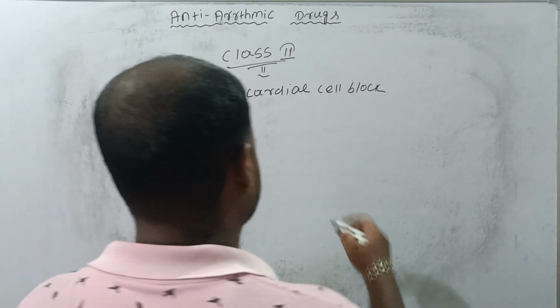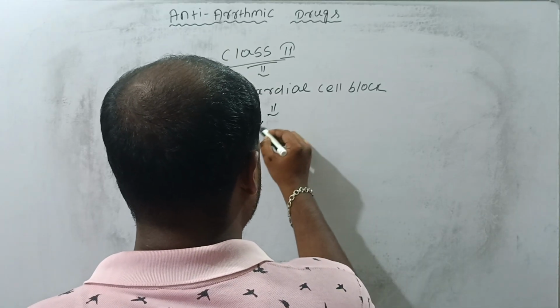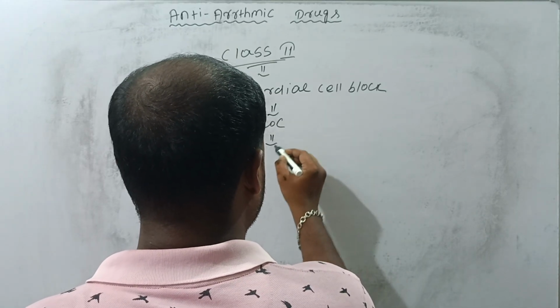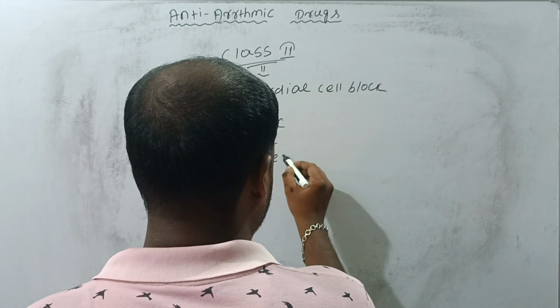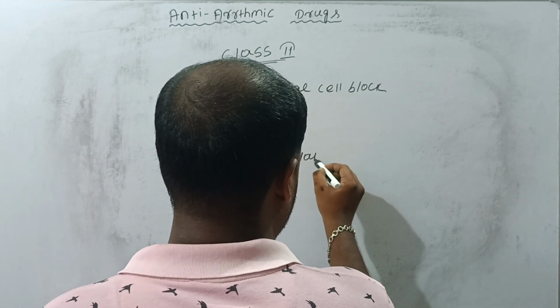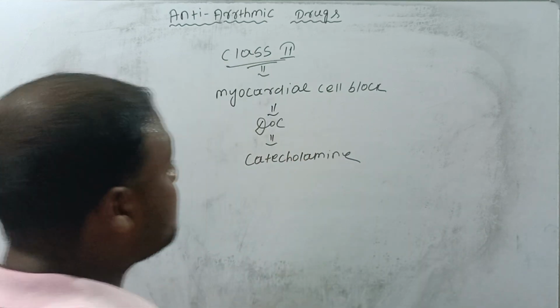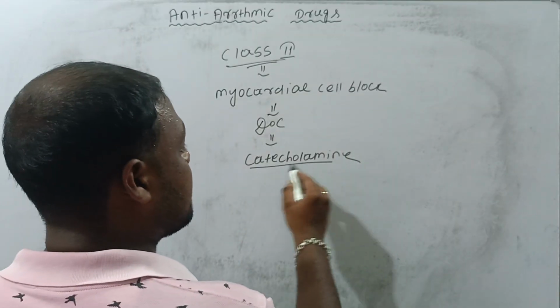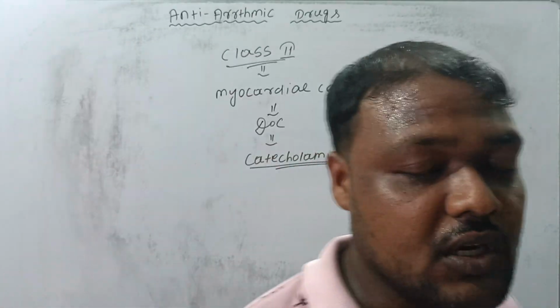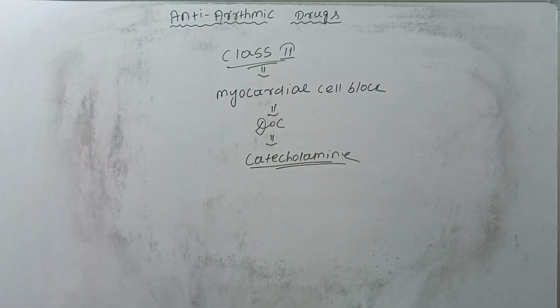For this, the drug of choice is catecholamines. Catecholamines are the drug of choice for myocardial cell block.